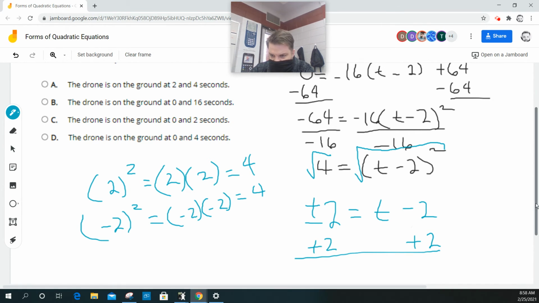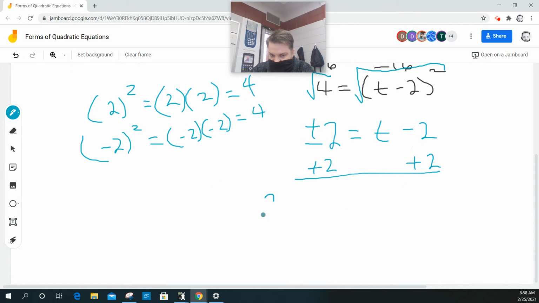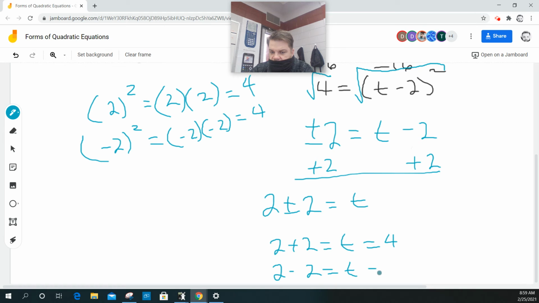So here's the tricky thing about that. I technically have 2 plus or minus 2 equals t. So that could be written two ways. I could say 2 plus 2 equals t, which is 4, or I could say 2 minus 2 equals t, which equals 0.